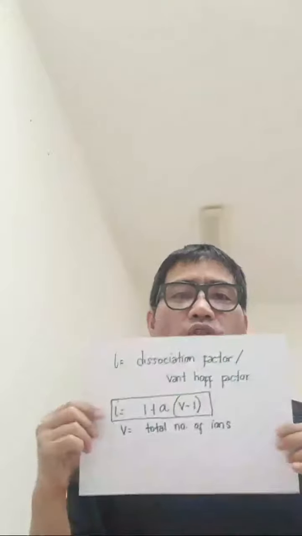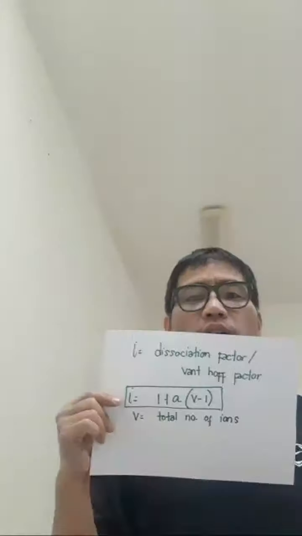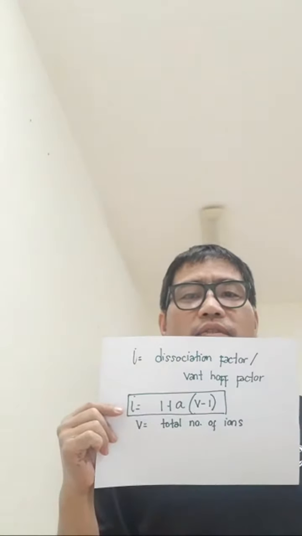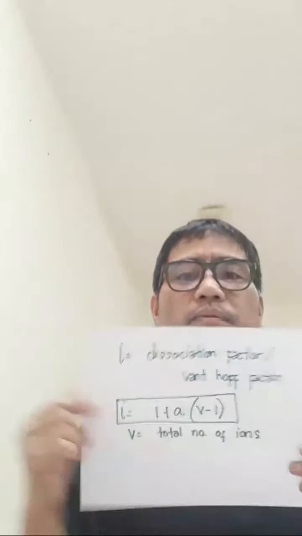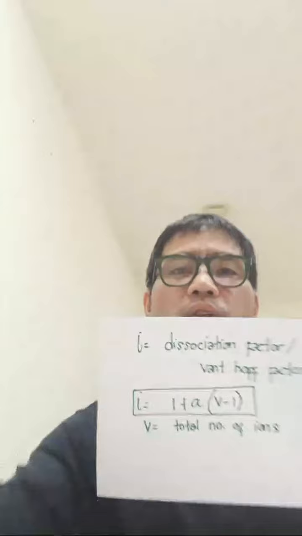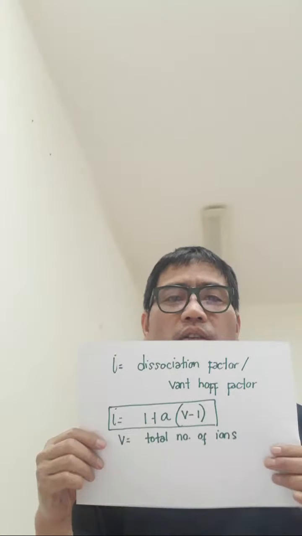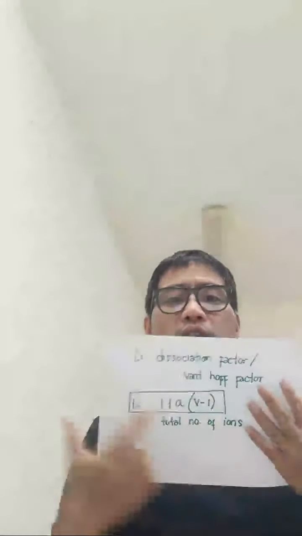So we have this equation for our dissociation factor. What is the v in this equation?